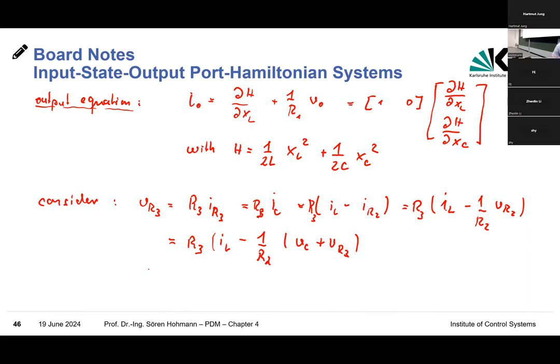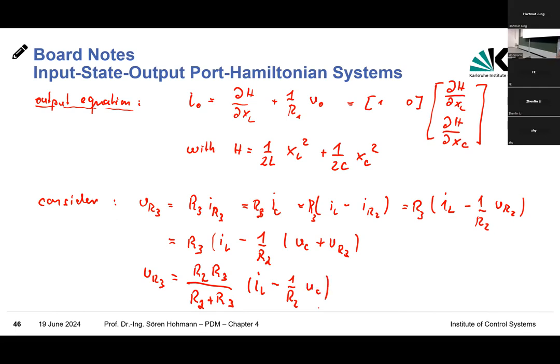So UR3 is given as, and now this is nothing surprising, IL minus 1 over R2 times UC.